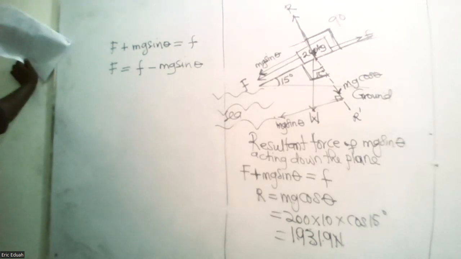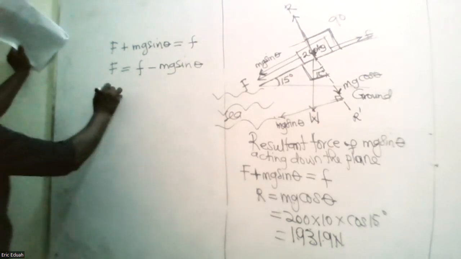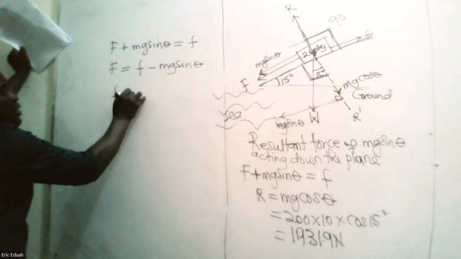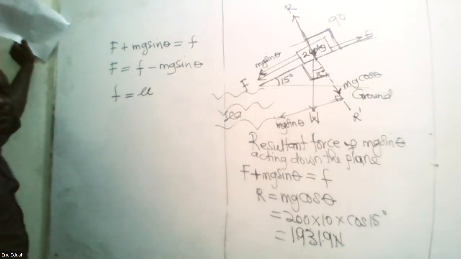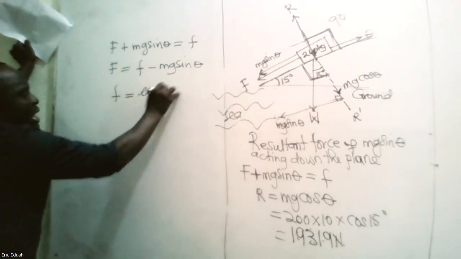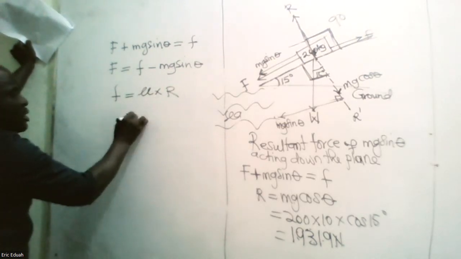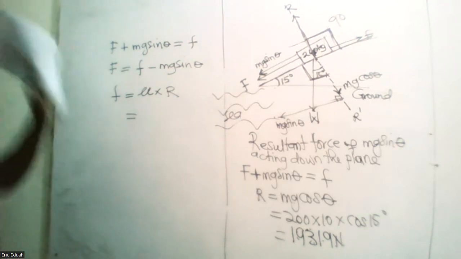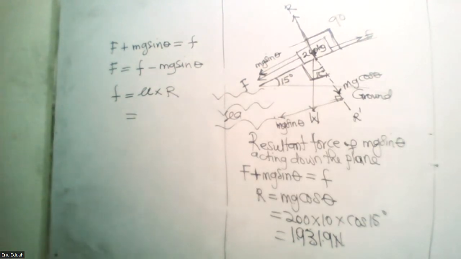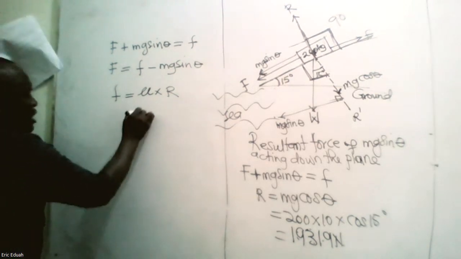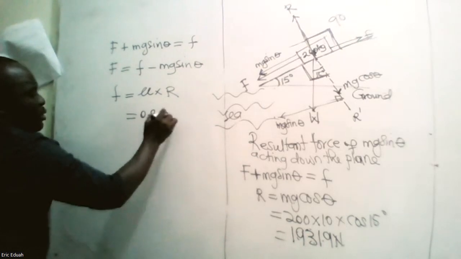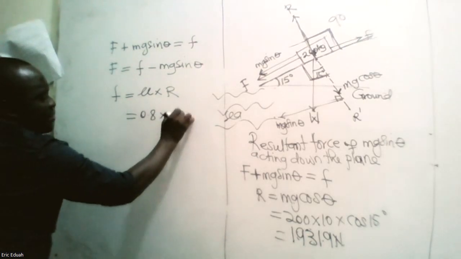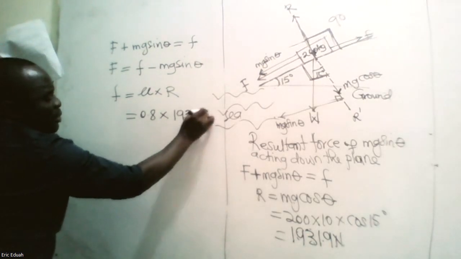Okay. Now, what is frictional force? Frictional force F is equal to the coefficient of static friction times the normal reaction R. So, what is the coefficient of static friction? Its value is 0.8. So 0.8 times the normal reaction that has been calculated, which is 1931.9.